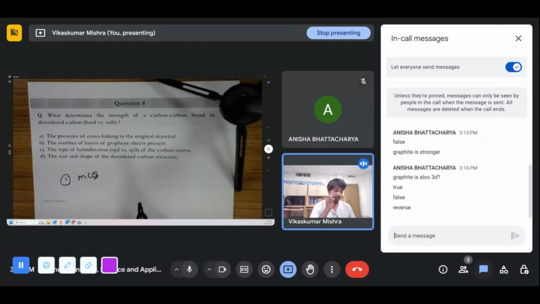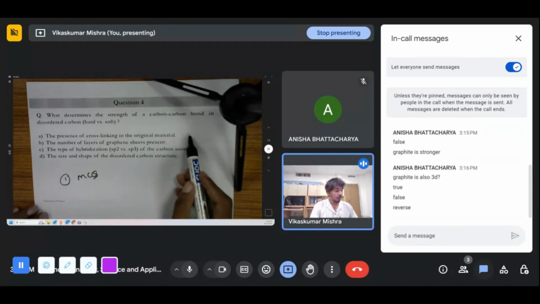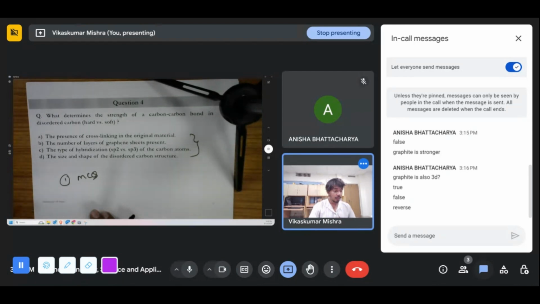So which is the dominant one over here? Among all of these, to a certain extent, one can say that all of them are correct. But what do you think? Which one will define more? Which will be the more significant answer over here?